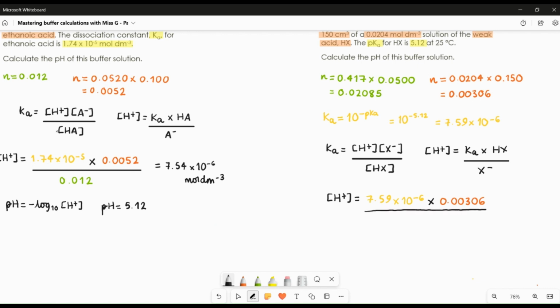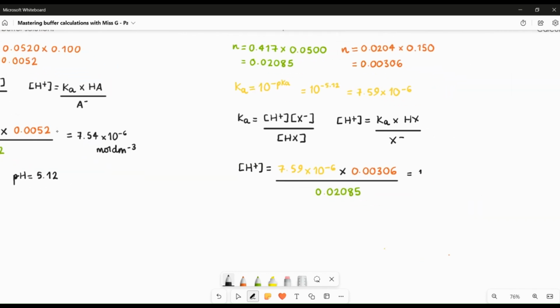And then I'm going to be dividing that by the moles of the salt of the weak acid, 0.02085. That's then going to give me a value for the H plus concentration, which I'll just need to work out. So bear with me a second. Which gets me 1.11 times 10 to the minus 6 to 3 significant figures.